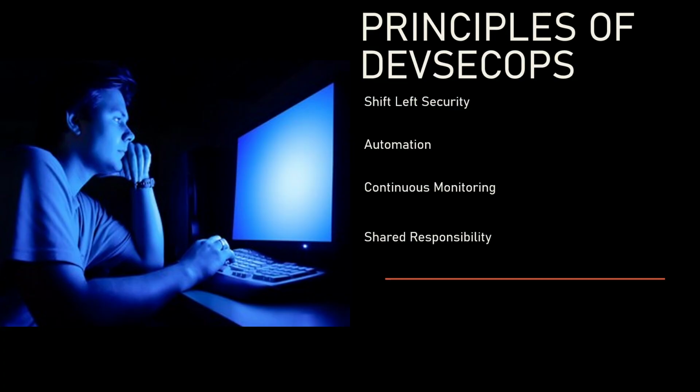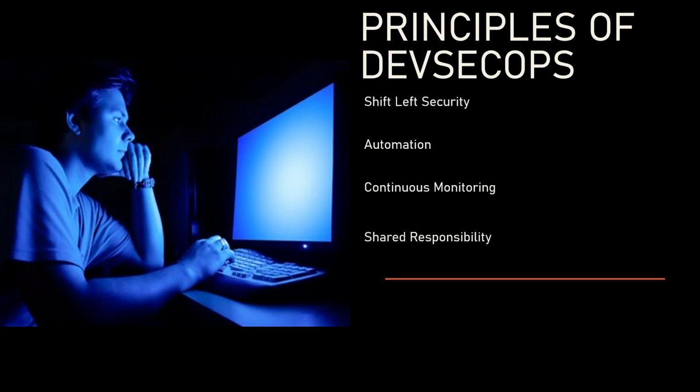And one of the main ones, in my opinion, is shared responsibility. Too many times we see in coding environments that when something goes wrong, it's always the blame game of pointing fingers at, oh, security should have caught this, dev team shouldn't have implemented this, operations team shouldn't have pushed this out, more testing should have been done, all of these things.